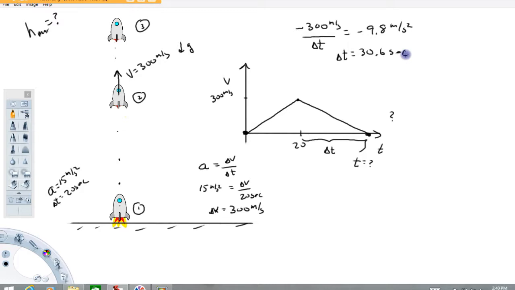That means this time here is about 50.6 seconds.